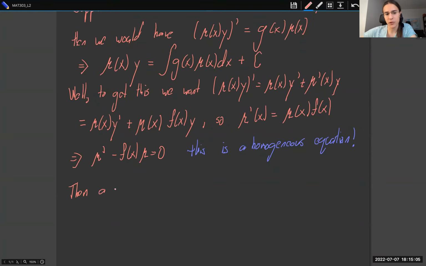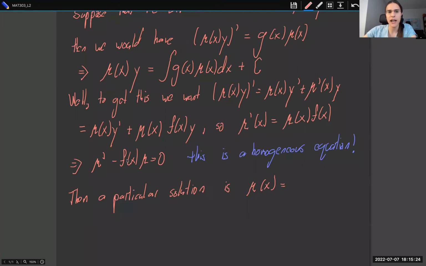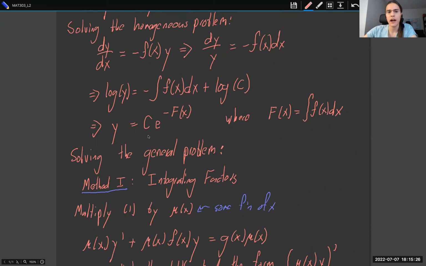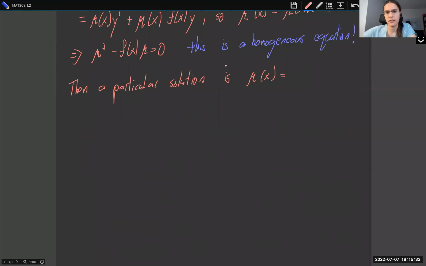So then a particular solution is mu of x equal to e to the capital F of x. Here we have negative f of x, and the two negative signs basically cancel out. Where capital F is the antiderivative of lowercase f.